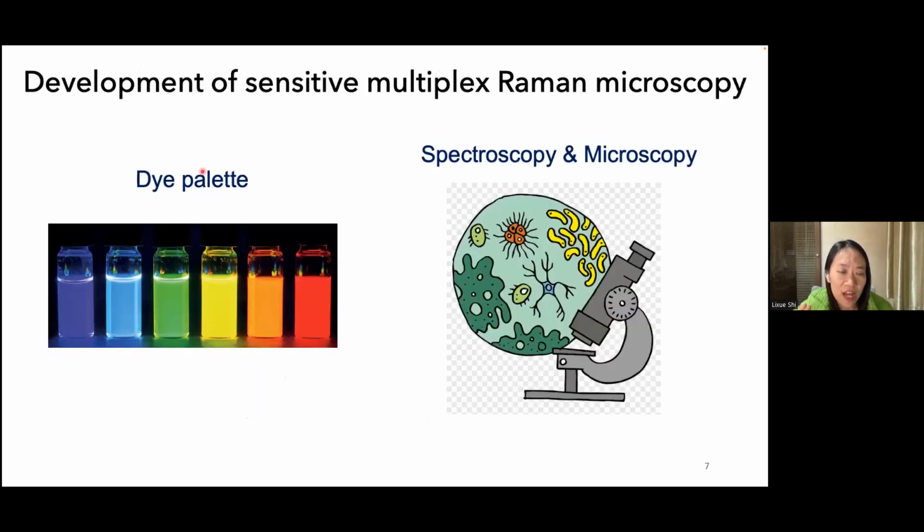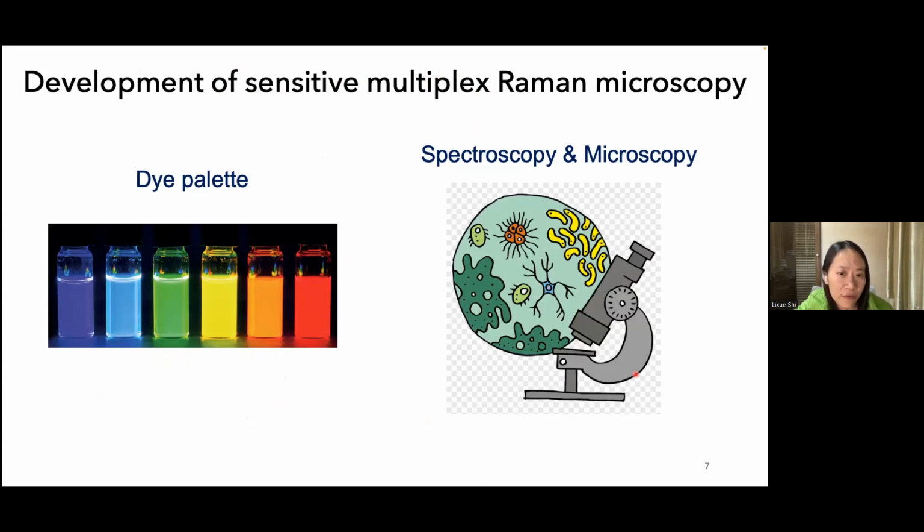Considering all these challenges, we have to take care of multiple aspects in the development of a sensitive multiplex Raman microscope. First, how can we generate as many Raman colors as possible with a more systematic chemical design?